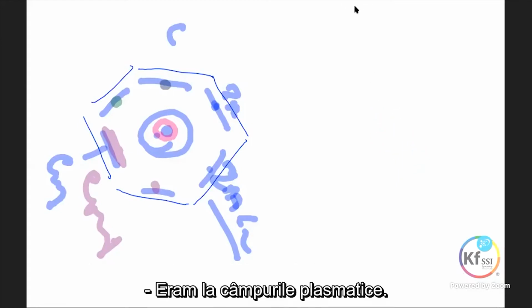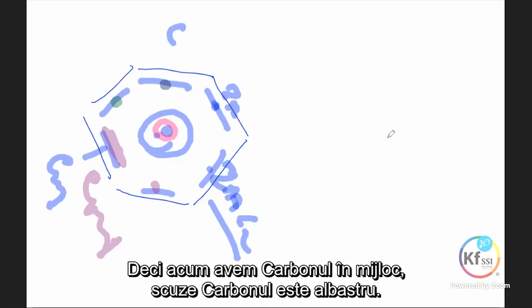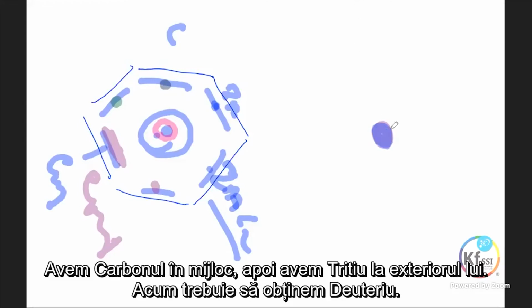We put it on a plasmatic field strength of 6. Now we have the carbon in the middle. Sorry, the carbon is blue. We have the carbon in the middle, and we have tritium outside it.